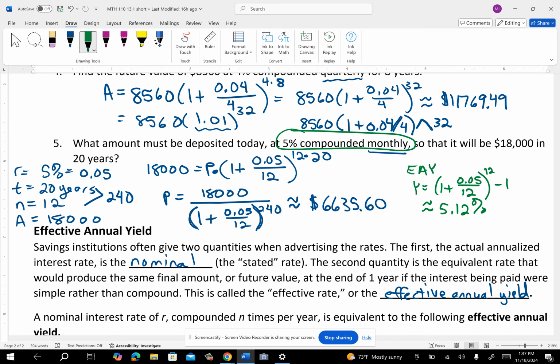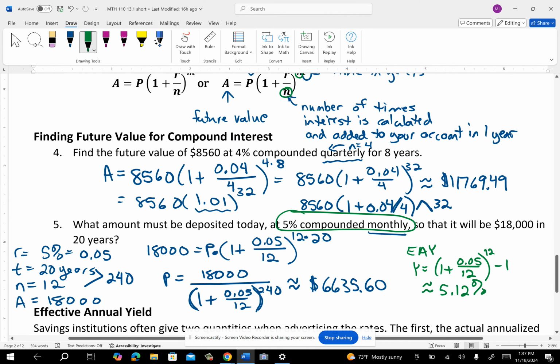All right, let's do one more for the effective annual yield. 1 plus the nominal interest rate of 0.04 divided by 4, raised to the 4th, minus 1.